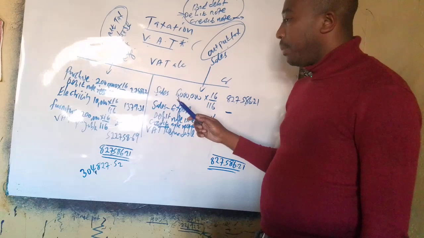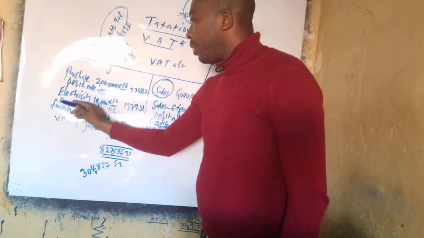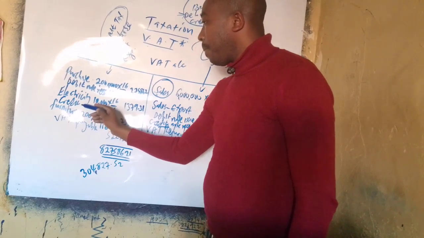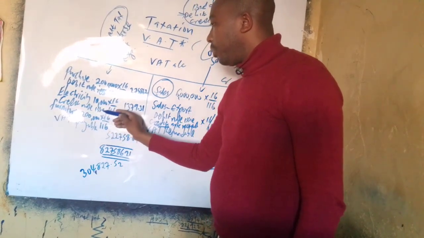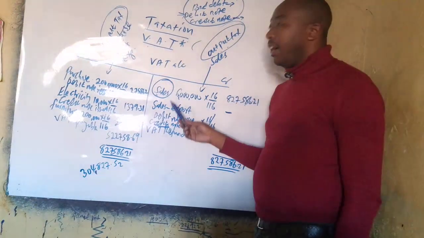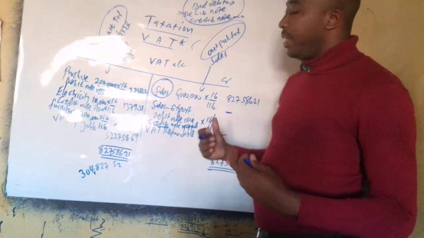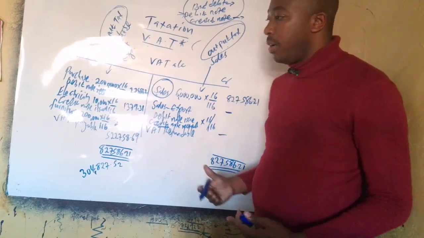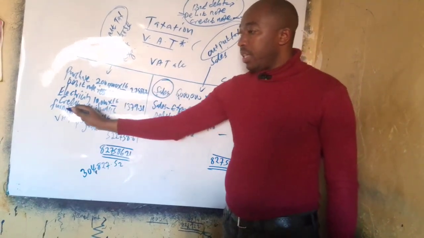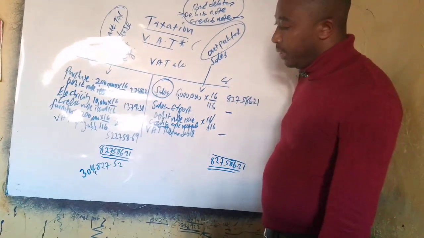Credit note issued by the business to a customer will reduce sales and therefore we record it here. For the case of bad debt, there are those credit customers who fail to pay at all. Maybe they have become bankrupt and so on, and therefore they reduce sales. So bad debt, you record it on the debit side and you charge it VAT.